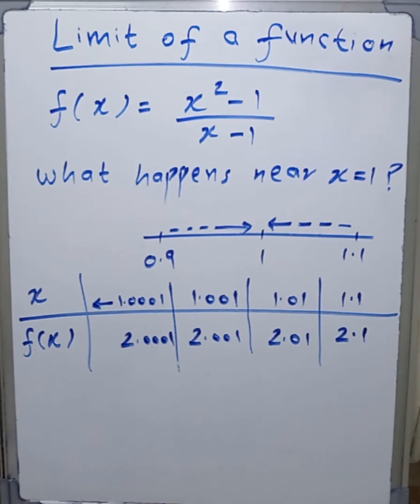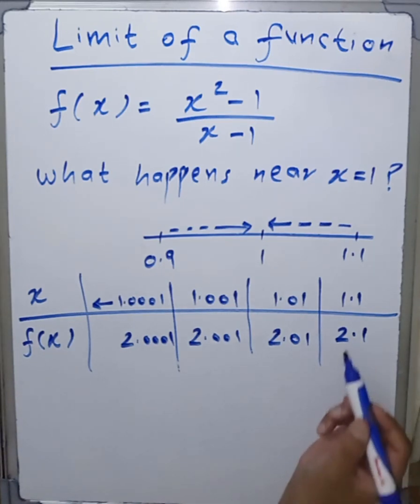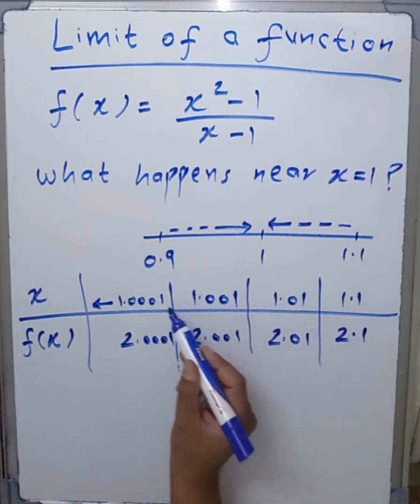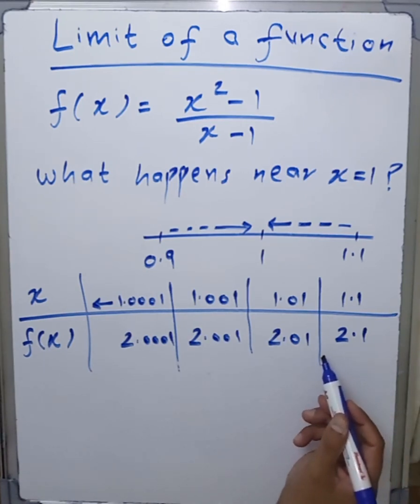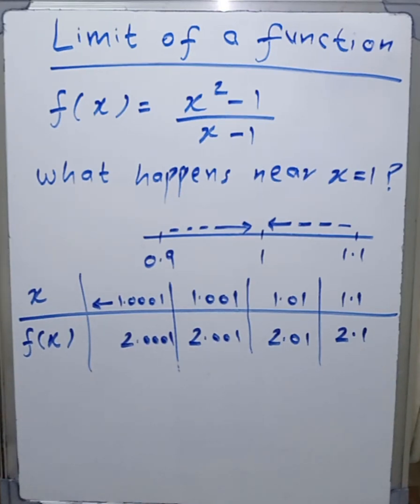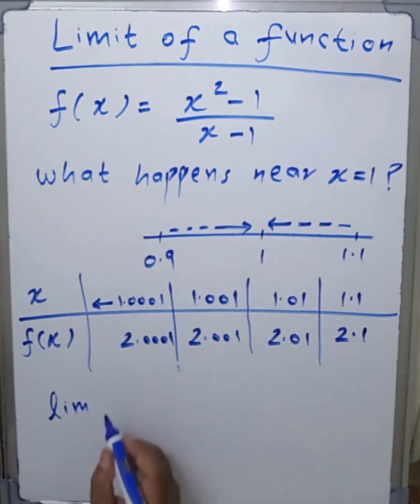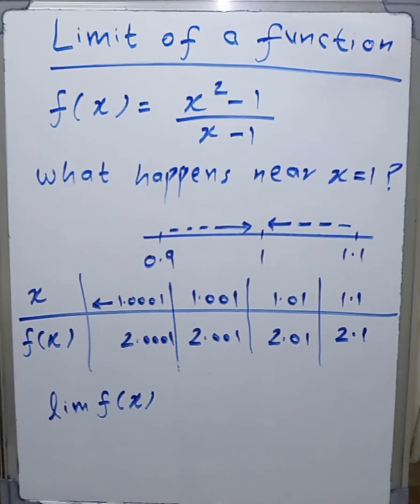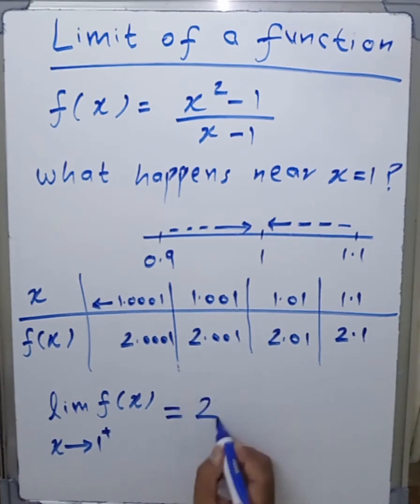from the right side. Again, if we observe this table properly, we can say that as we are moving towards 1, the value of the function is again moving towards 2, and hence we can write that the limit of the function f(x) as x tends to 1 from the right side, so we will put a small plus here, is equal to 2.